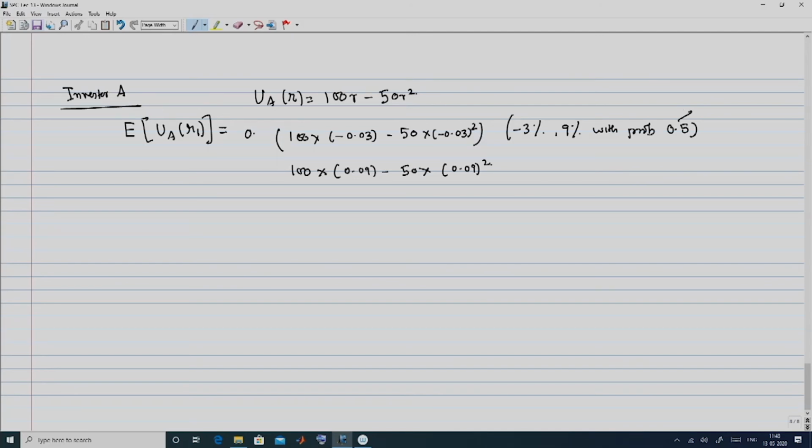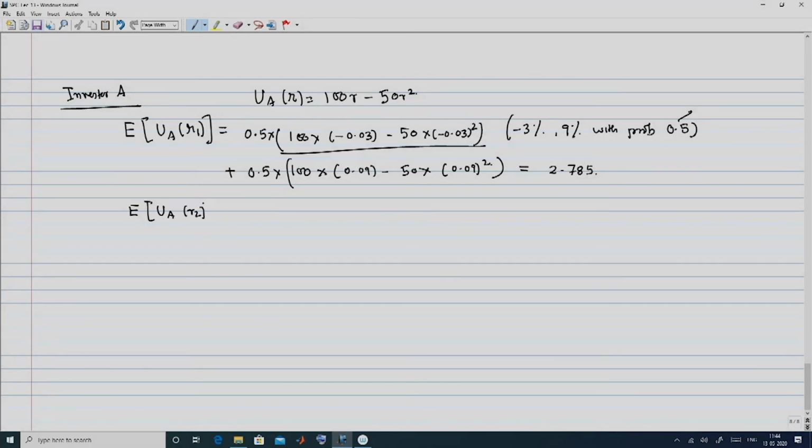So, the expected utility is going to be 0.5 multiplied by the utility at minus 3% and 0.5 multiplied by the utility at 9%, and we add them up. So, this becomes equal to 2.785.